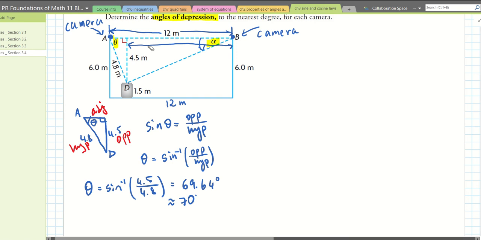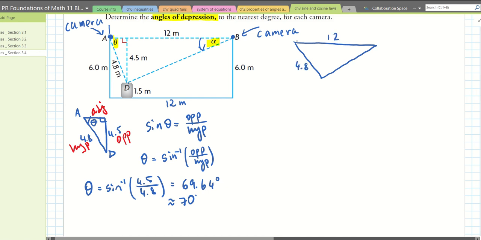So what we could use here is cosine law to find the missing side, because if you look at this whole thing, we have a triangle that looks like this. We know angle theta, we know that this side is 4.8, we know that this whole thing is 12, and we know theta, which is 69.64.